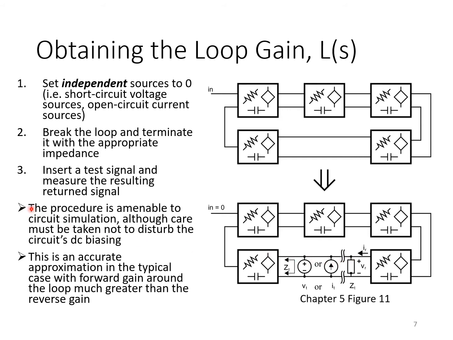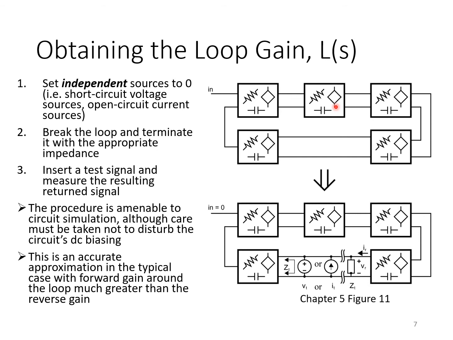This procedure is amenable to circuit simulation. The only catch here is that in addition to taking care to terminate the loop properly, you also want to take care to not disturb the circuit's DC biasing when you break the loop. This is no problem when there's only passive components involved, but as soon as you've got active components involved, you have to keep in mind that all of this feedback analysis is predicated on a linearized assumption of the circuit.